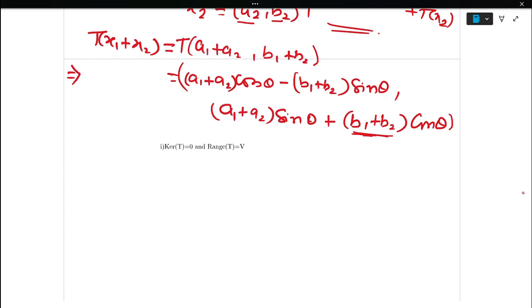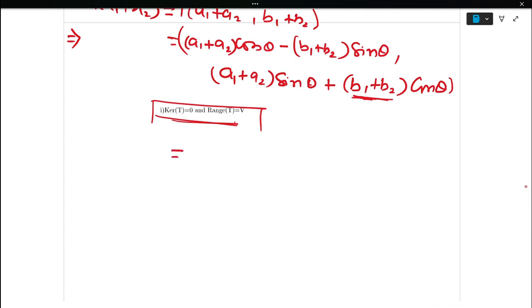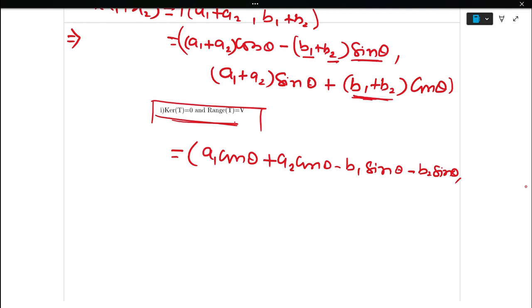Expanding, the first coordinate is a1 cos theta plus a2 cos theta minus b1 sin theta minus b2 sin theta, and the second coordinate is a1 sin theta plus a2 sin theta plus b1 cos theta plus b2 cos theta.